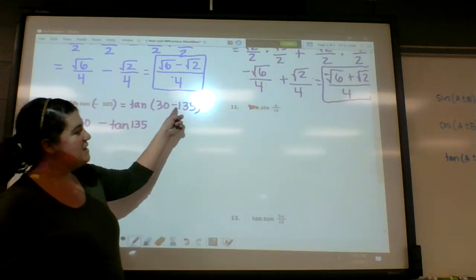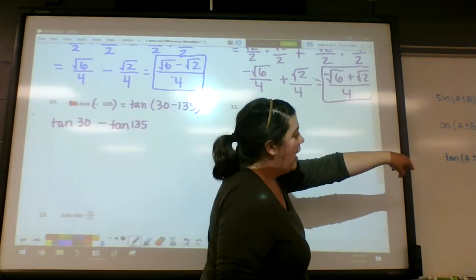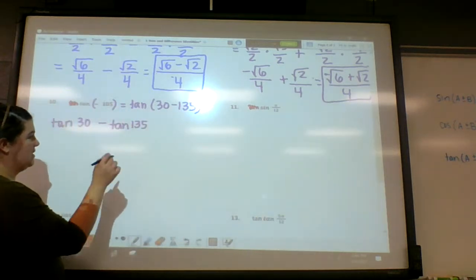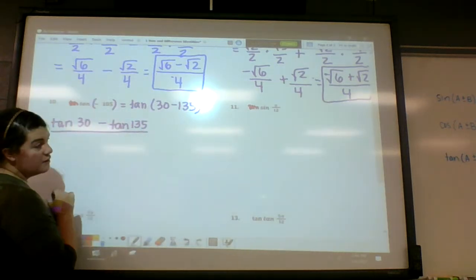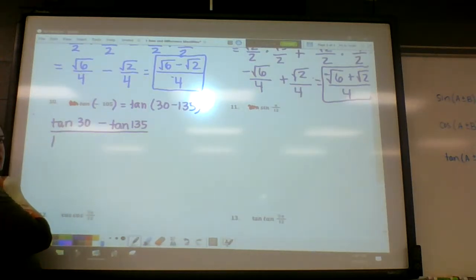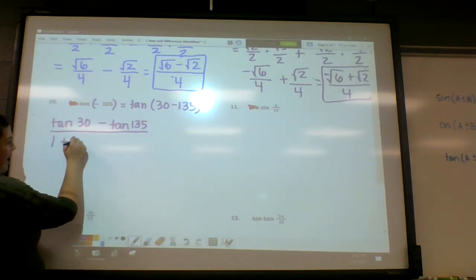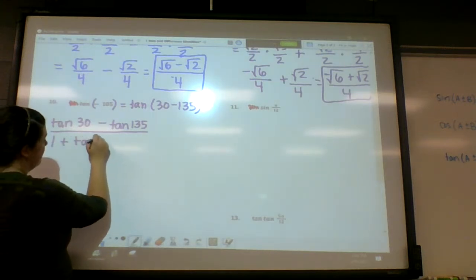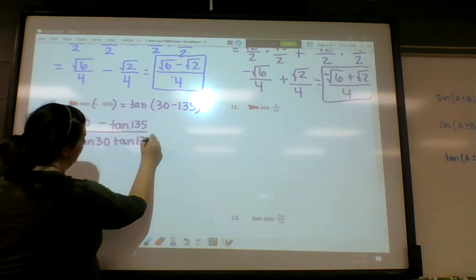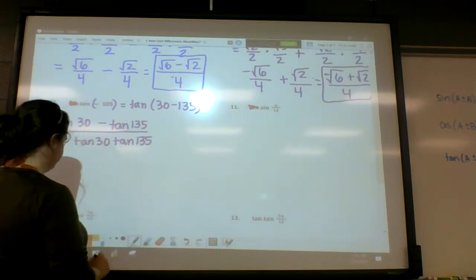So since we have a minus in our tangent, looking at our function, since the minus is on the bottom, you use the one on the bottom, right? So minus tangent of 135 over 1 plus or minus? Plus. And then this is the tangent of 30 times the tangent of 135.